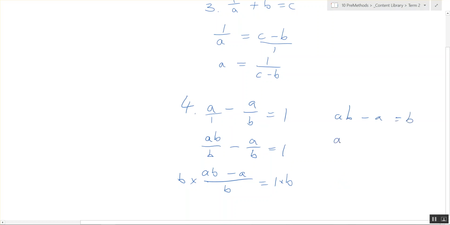We're going to factorize and divide both sides by b take 1. So our final answer is a equals b over b take 1.